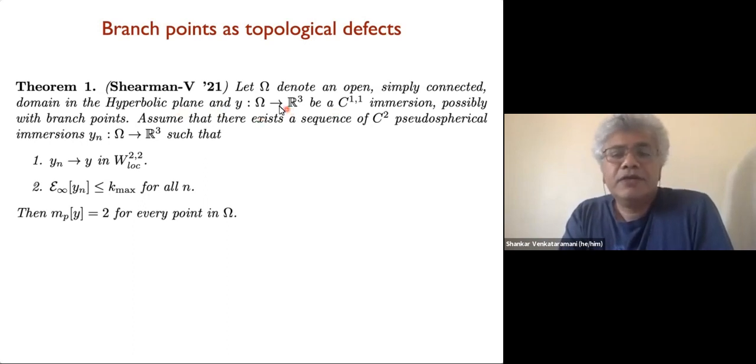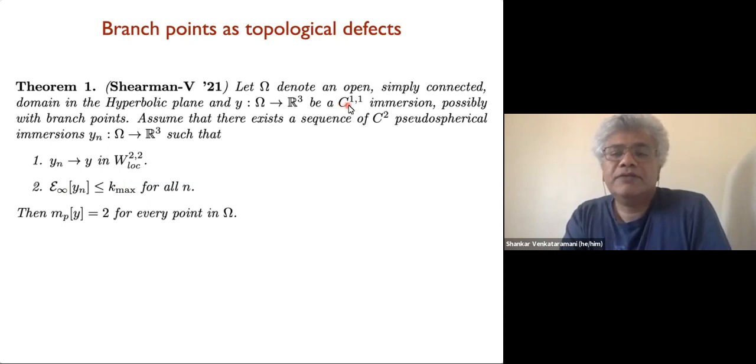The question is, can we approximate this by C2 immersions with constant negative curvature? And the sense in which we want to approximate is we want the energy that we define, the maximum, say, mean curvature, to be bounded. So this makes sense also in C11, right?